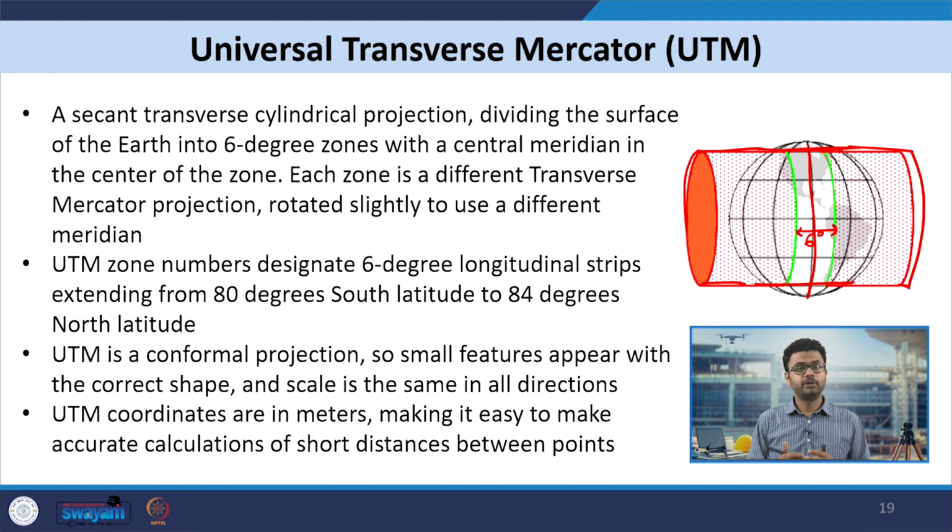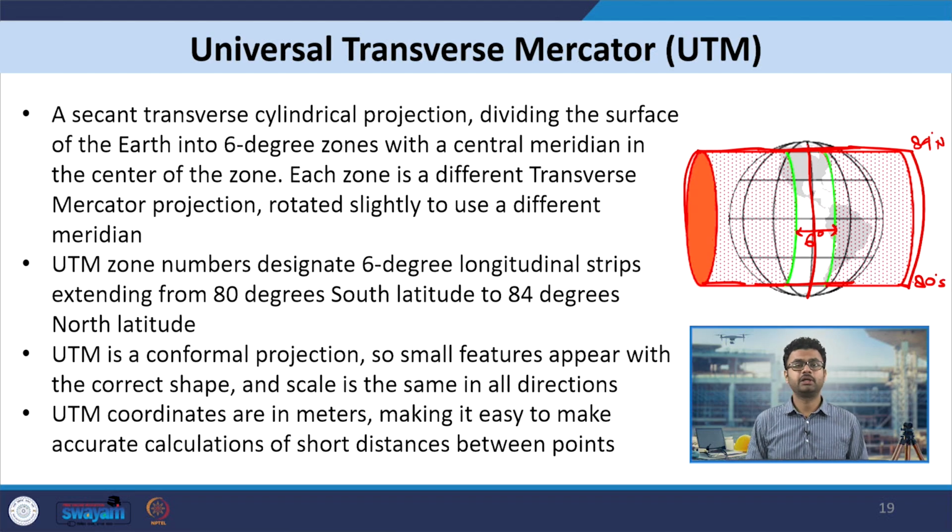Then UTM zone numbers designate 6-degree longitudinal strips extending from 80 degrees south latitude to 84 degrees north latitude, and UTM is a conformal projection.